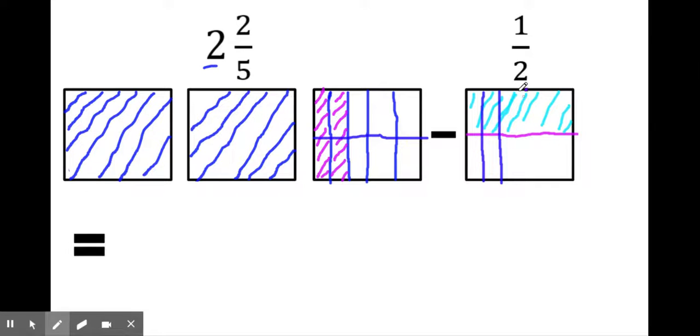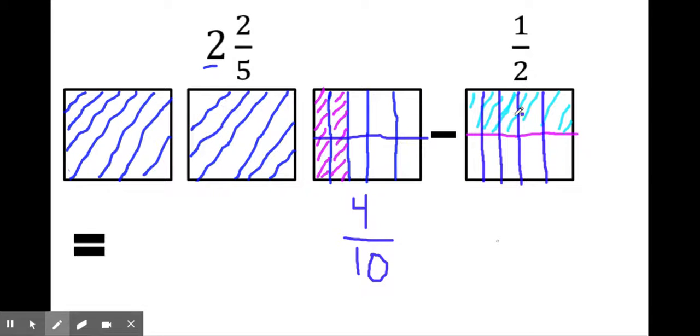1, 2, 3, 4, and 5. You want to try to make them as equal as possible. All right, and let's count how many pieces we have. 1, 2, 3, 4, 5, 6, 7, 8, 9, 10. Yes, and we have 4 out of our 10 that are shaded here.